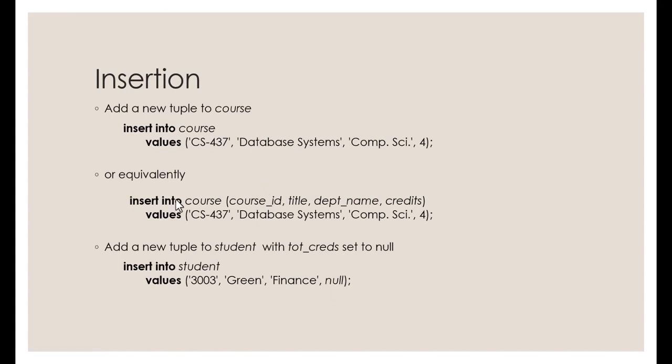That value is important. It cannot be unknown. Something like course ID, I would say, is not null. So when you first define the relation, make sure you add that not null. That way, if you try to insert a new value with this first one being null, it's going to give you an error, meaning you do need the course ID.